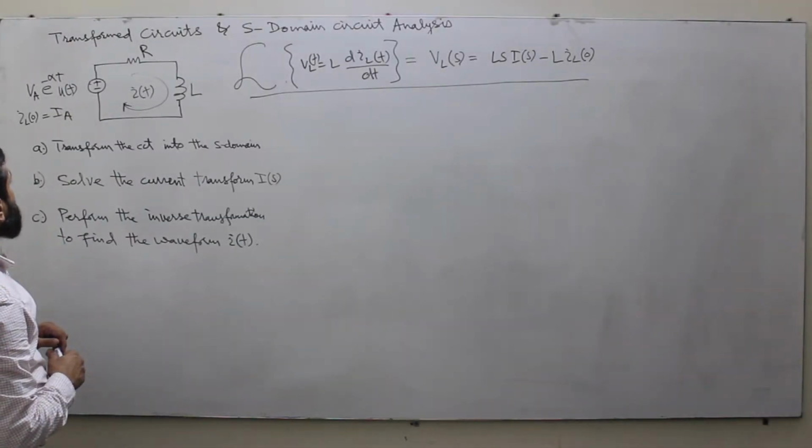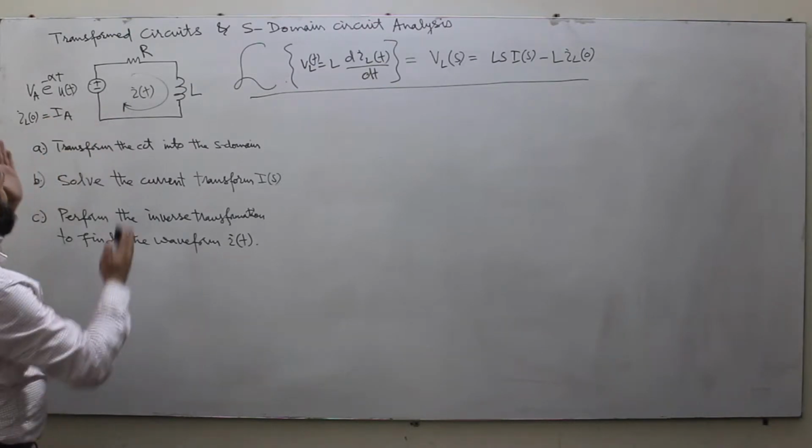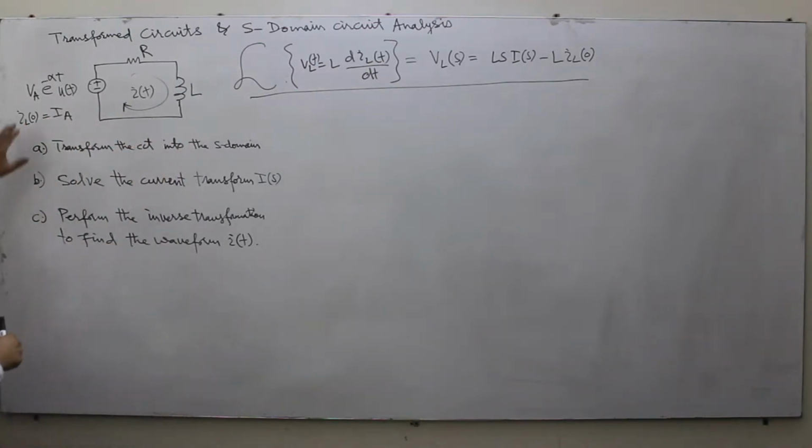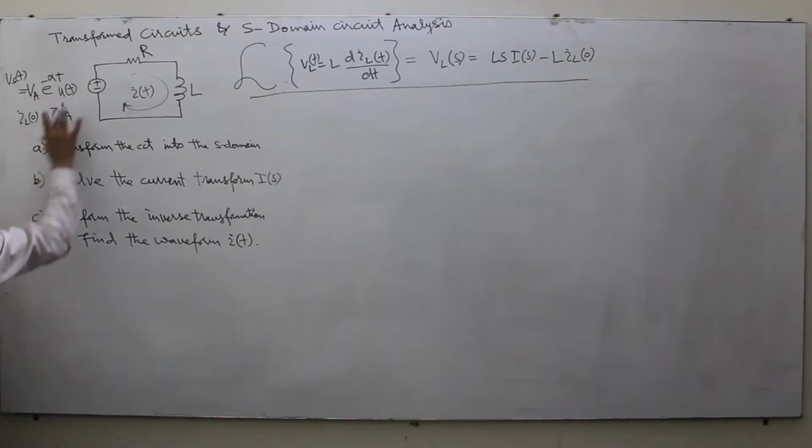Now we are going to solve this circuit, and this circuit is given. This is our voltage source for this circuit, and the initial condition is given: IL of 0 is equal to IA.